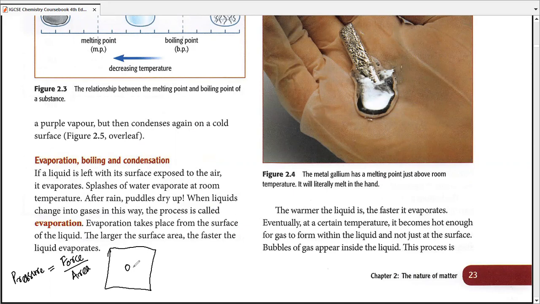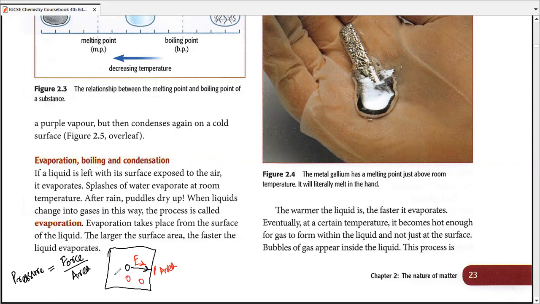I hope you already know that the gas particles may collide with one another and may collide with the wall of the container as well. Now, if a gas particle collides with the wall of the container, it's going to collide at a specific area, right? And it's going to collide with a specific force. Now, that force over that area is the pressure exerted by that specific molecule.